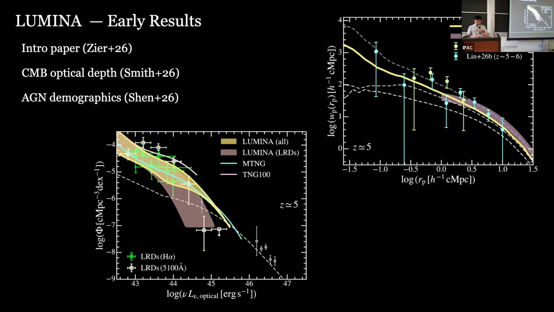Okay. Question right here. So what are LRDs in your model? And would you say that this now settles what they are? So the assumption we make is every single black hole with a mass below 10 to the 7 solar masses spends 30% of its time in the little red dot phase.